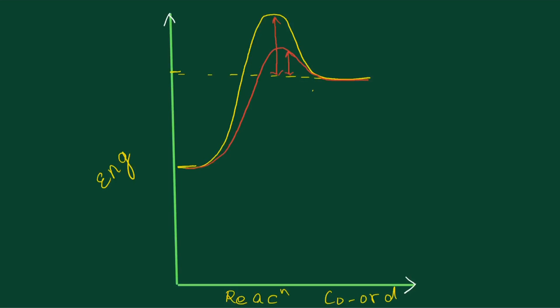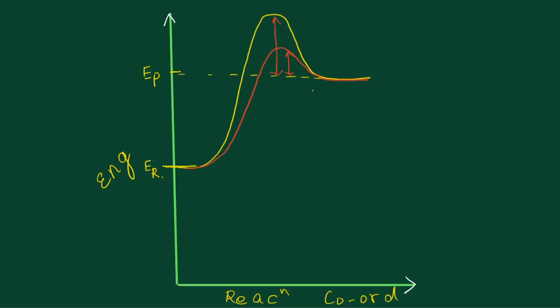Right now, each of the reactants is associated with a certain amount of energy represented as ER. The final products are also associated with a certain amount of energy known as EP. EP and ER can be above or below each other. Further on, I will explain what I mean by this.